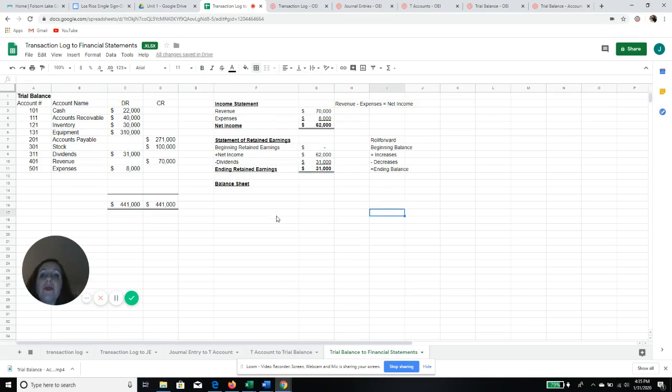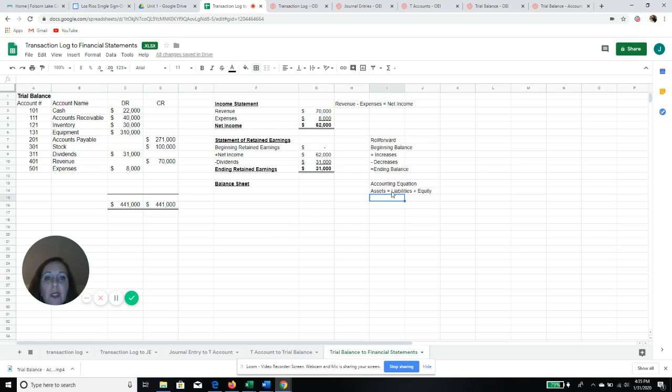All right, finally, we're going to do our balance sheet. And if you remember our accounting equation is assets equals liabilities plus equity. That's exactly what we're going to do on the balance sheet. We're going to make sure that our assets equal our liabilities plus equity.